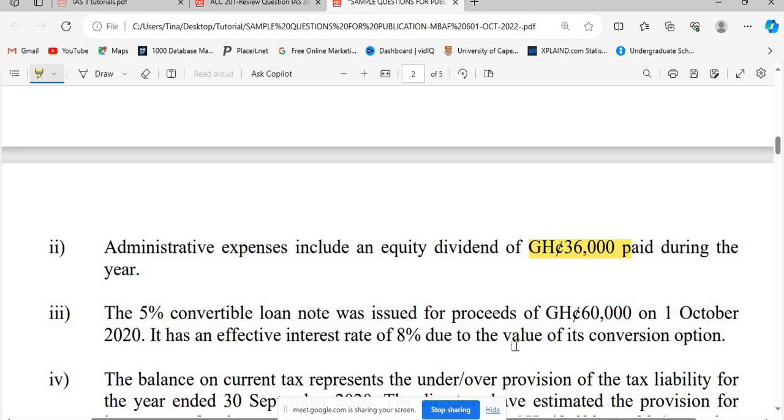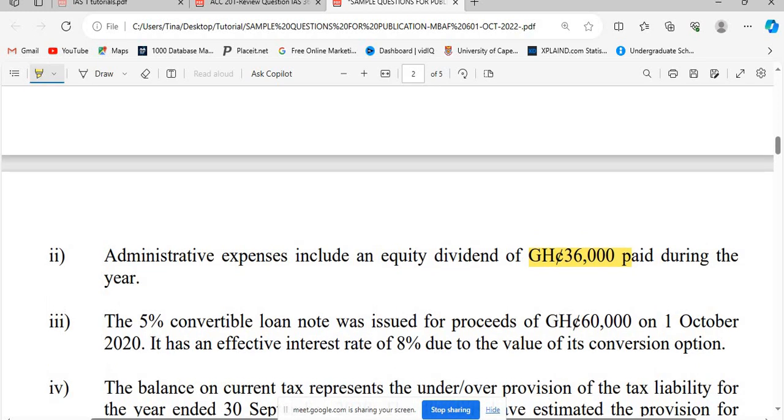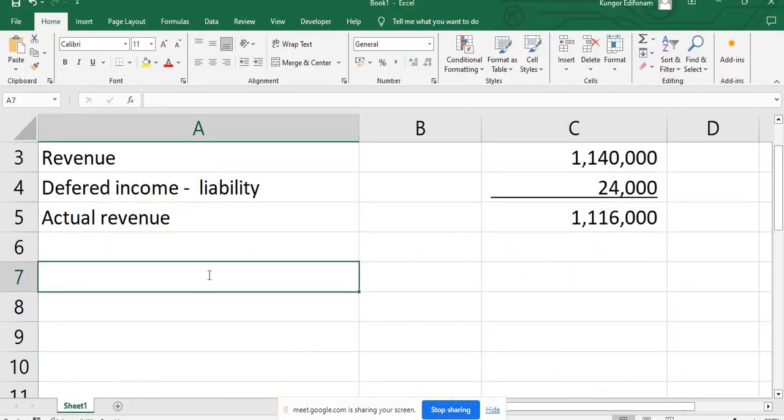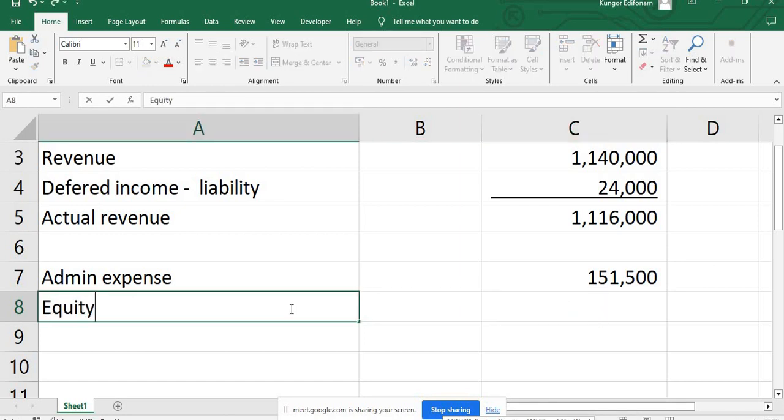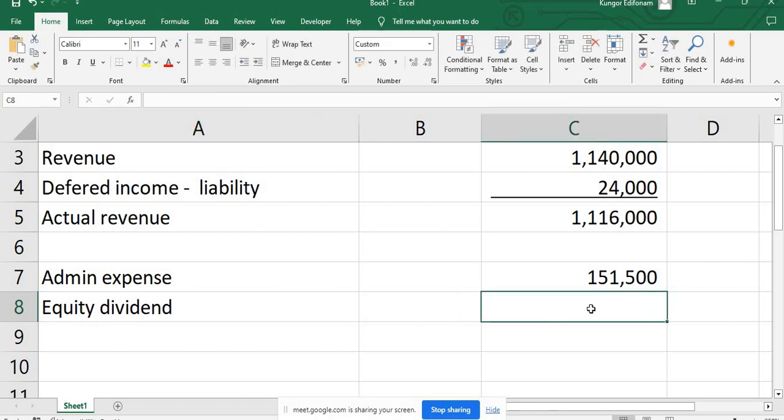Okay, so in treating this we have to do something here. We have our admin expenses, and our admin expense is 151,500. And then we have the equity dividend, which is 36,000. So we need to exclude it.